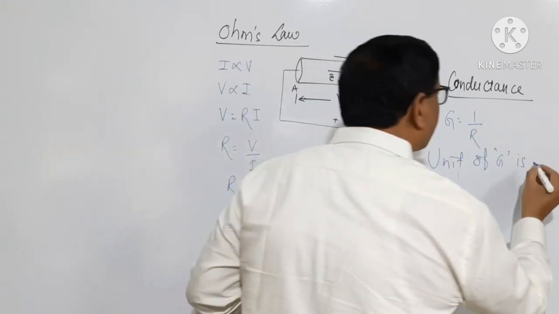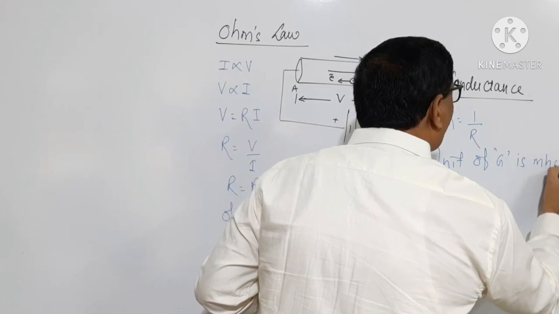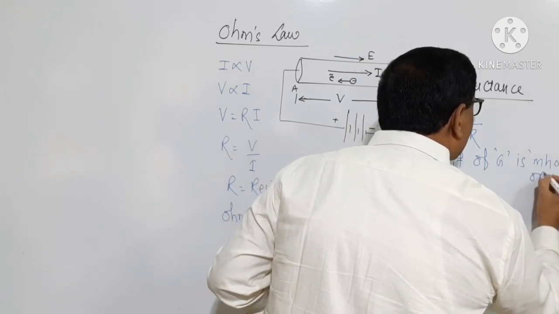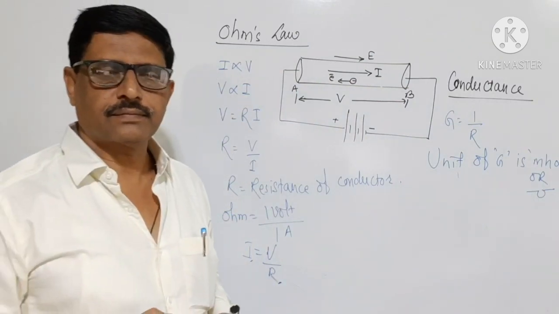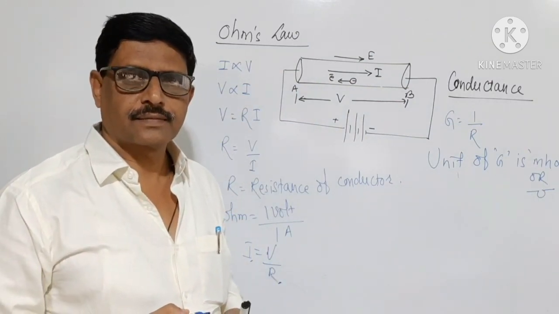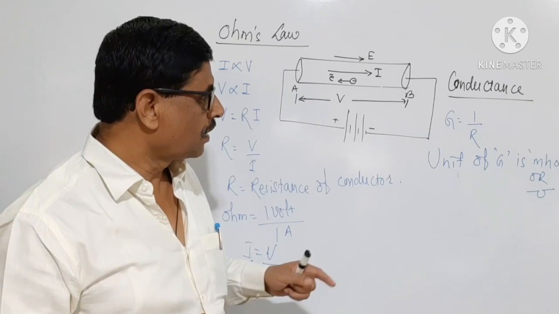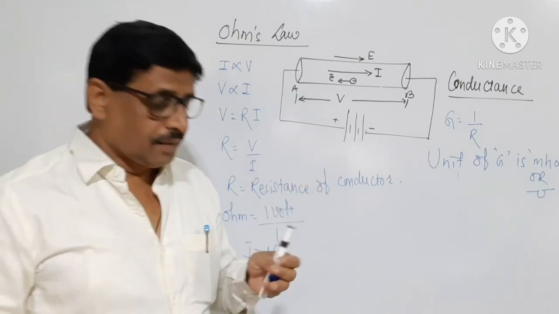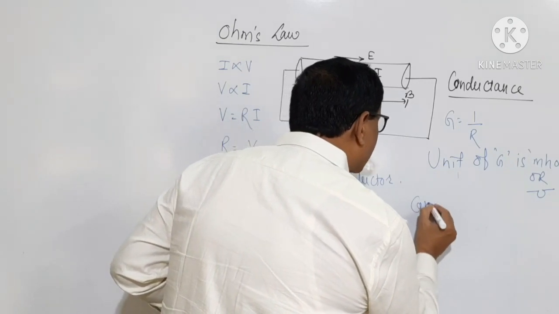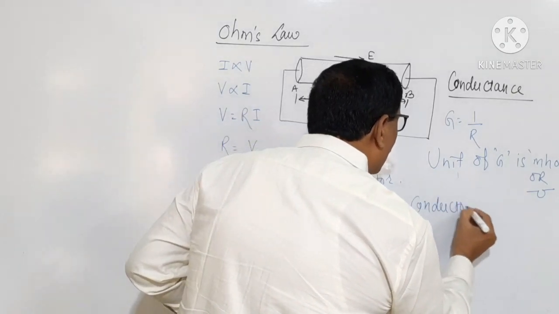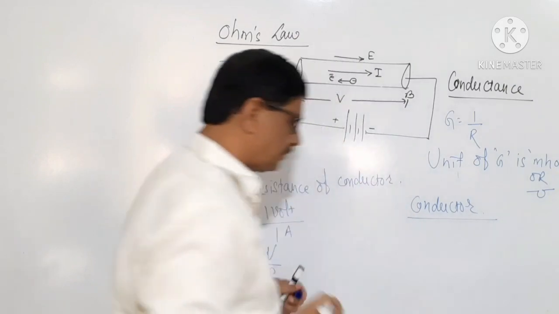The unit of conductance is inverse of ohm, MHO, or it is represented like this. I will write here, what is a conductor?